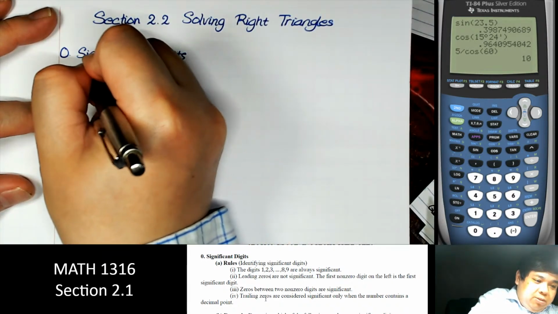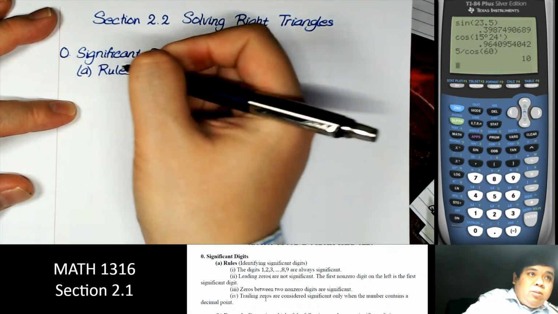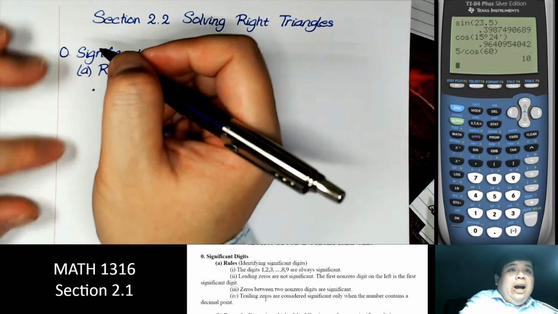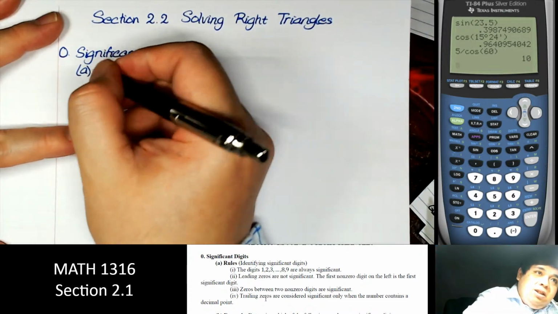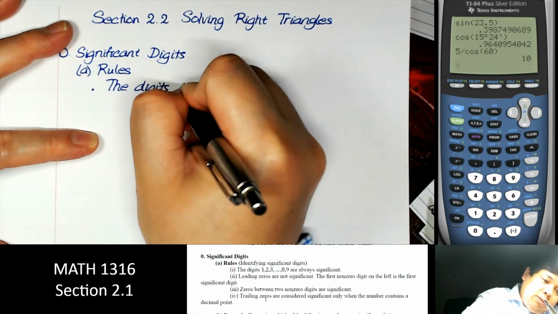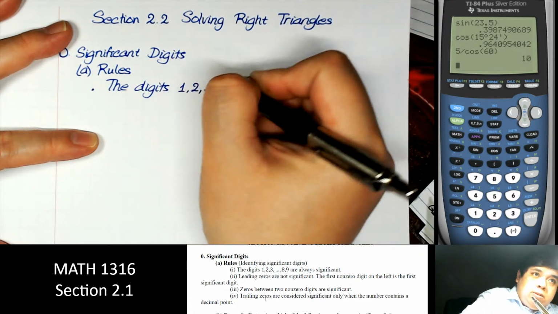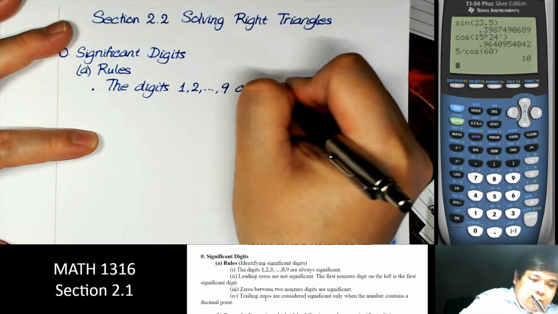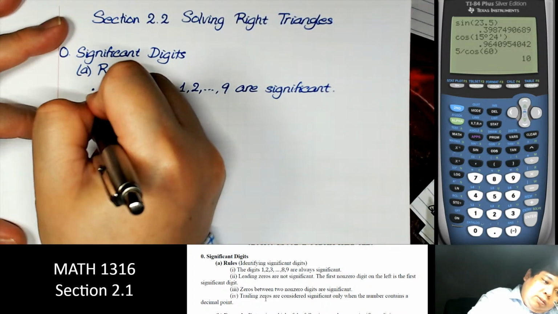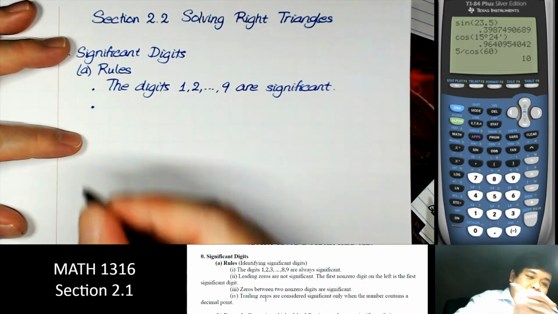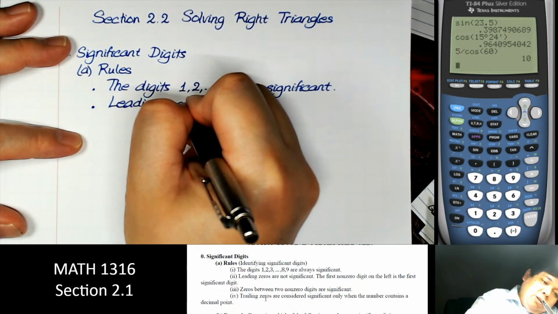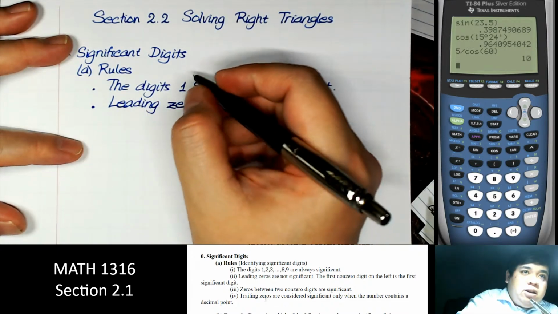First, the rules. Number 1: the digits from 1 to 9 are significant. Two, the leading zeros are not significant.